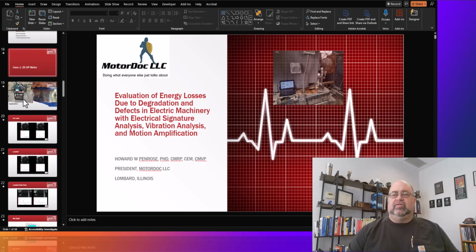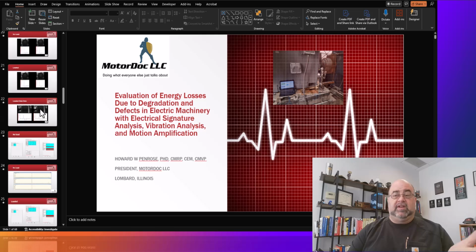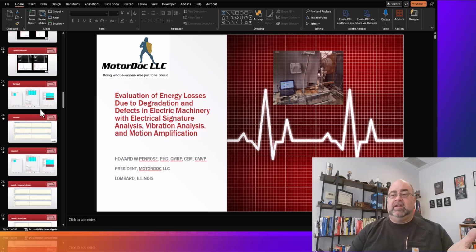Some of the presentation, like this one where it says 25 horsepower motor, was the initial investigation where we said, okay, we're going to use kinetic energy calculations that are being used by some of the vibration transducer companies to either charge batteries in the transducers or to wake up the transducer in order to send a signal, wireless or not.